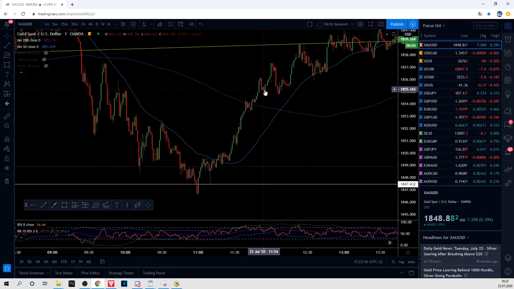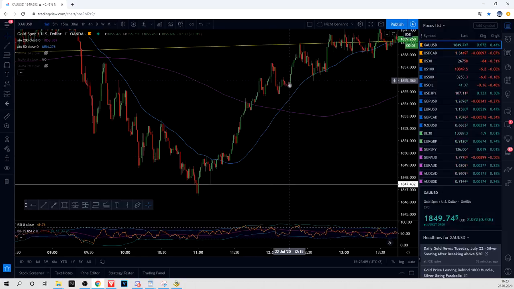Then you get another pullback move. Boom, you get in again. Here, you get in again. Stop is below here. Price comes back. Failed to, no break of structure yet. Boom, you get in again. Stop should be below here or below here, okay?